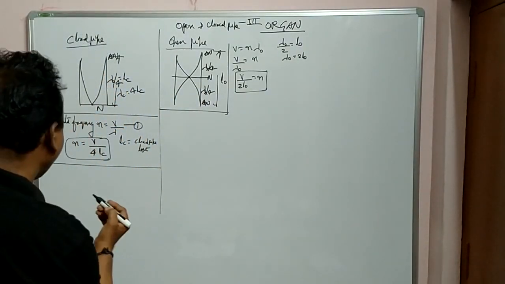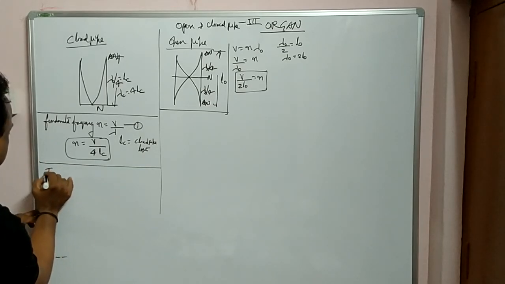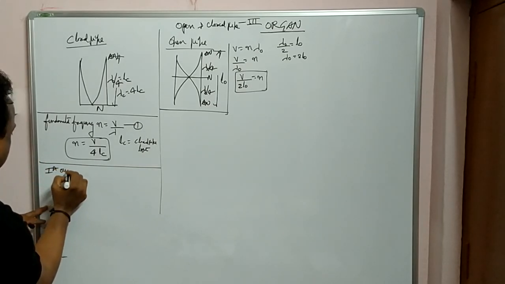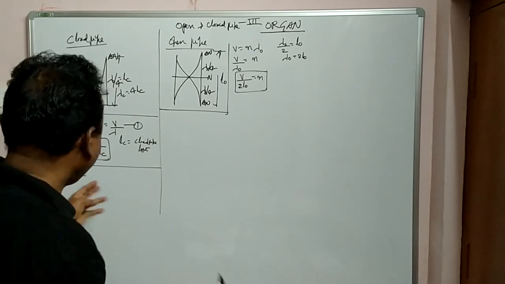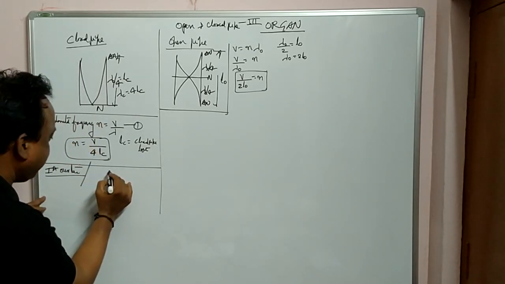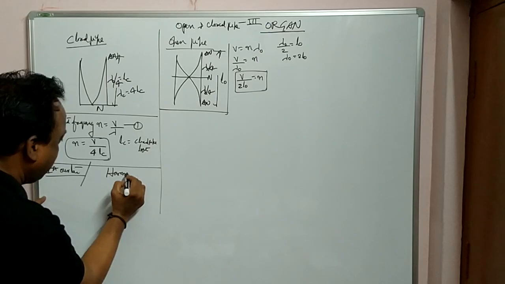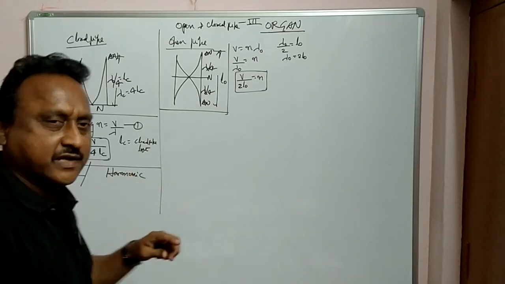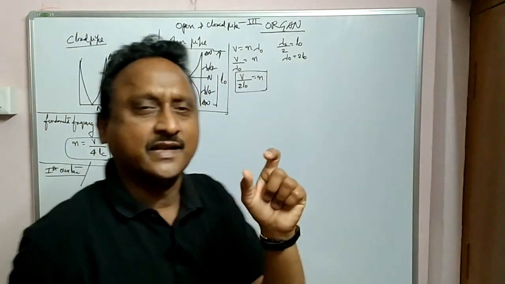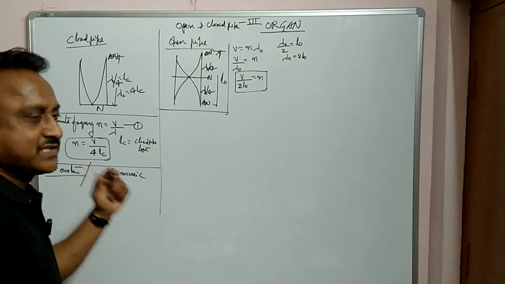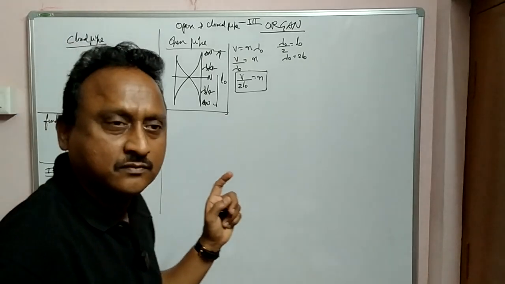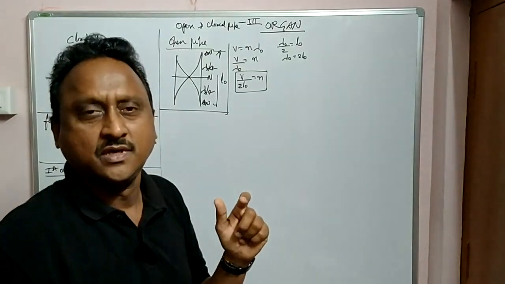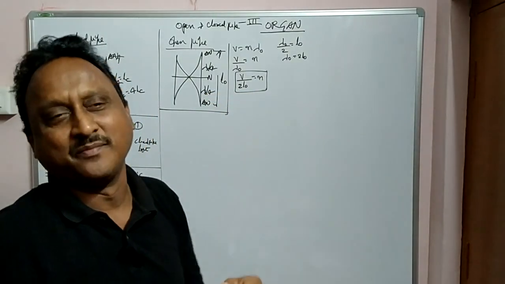I will go for the first overtone, and we will see which harmonic it comes. Always harmonic and overtones are related: harmonic minus 1 always gives you the overtone. But in all cases it won't be like that.